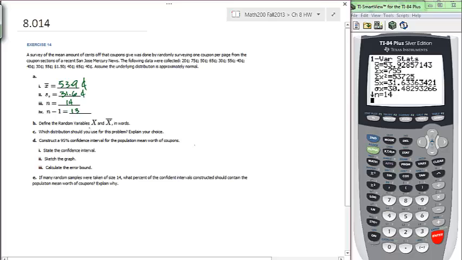Part B, define the random variables x and x bar. So we're looking at the amount of cents off that coupons give.